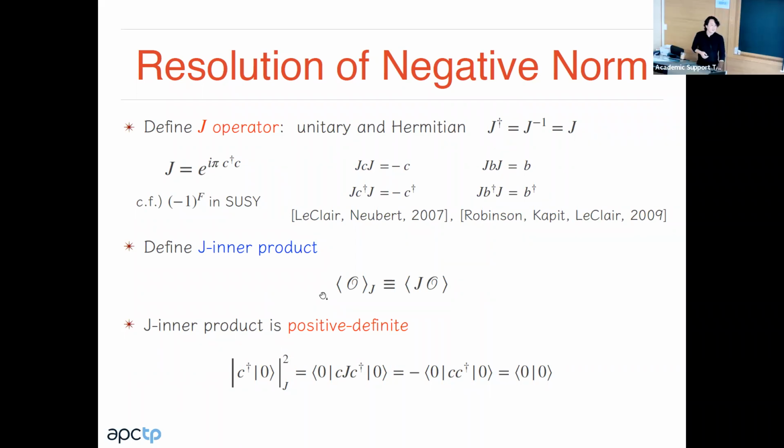Good morning. My brain is not working. Of course, up to now, this is a fermionic theory.